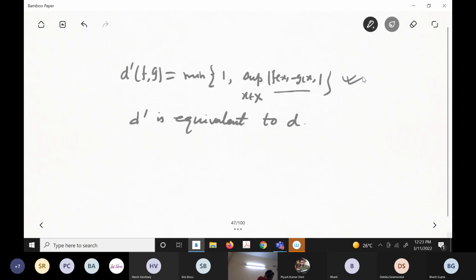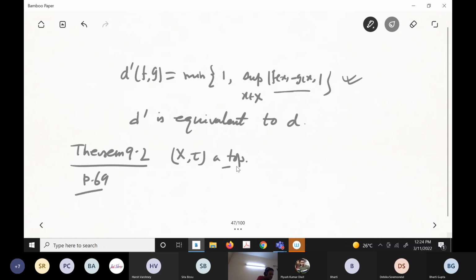Now, the first thing that I proved last time, I said that it is a 3 epsilon argument, theorem 9.2. You should not forget. Look here, of course, you have a topological space, page 69. Again, you should look. X is a topological space, so you can consider continuous functions.